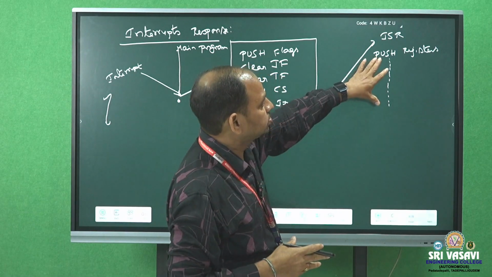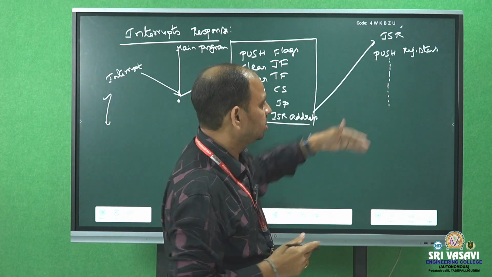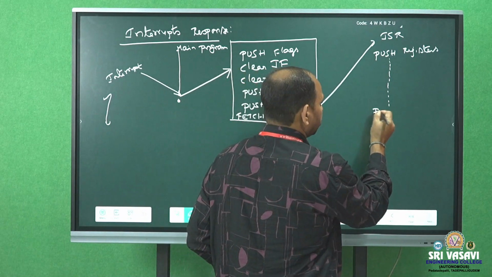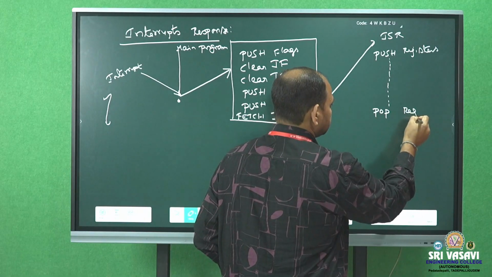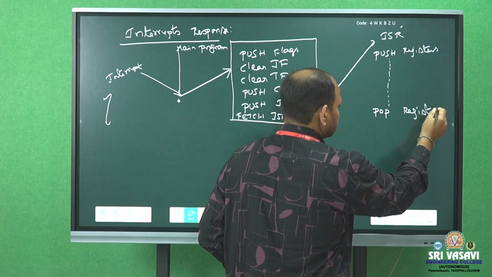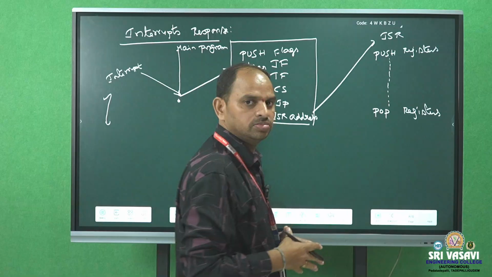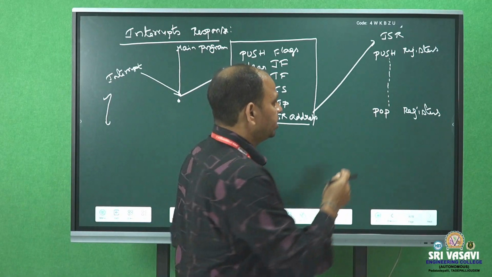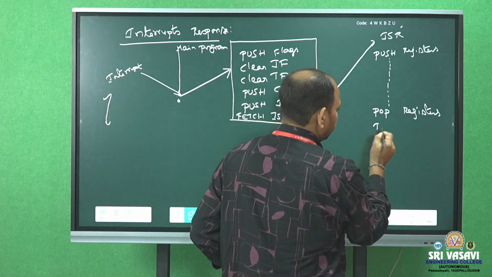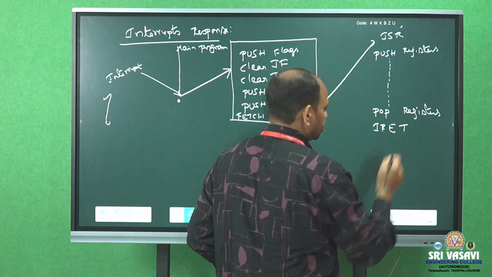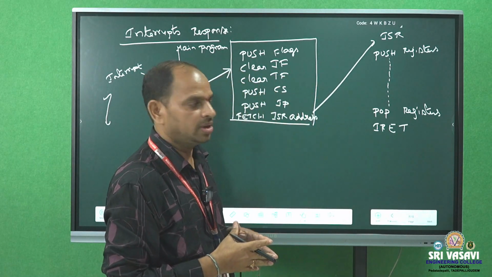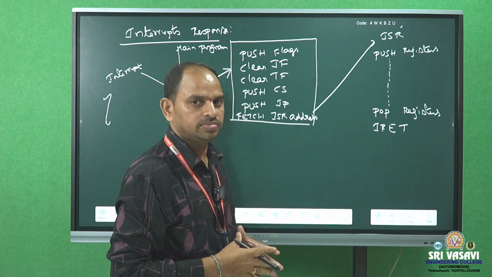Once the ISR is executed, we have to pop the registers used in the main program. Next, at the end of the ISR, we have to write the instruction called IRET, interrupt return.